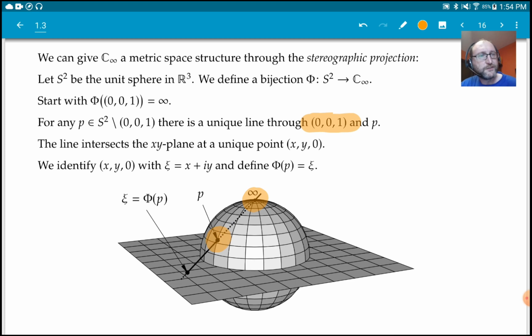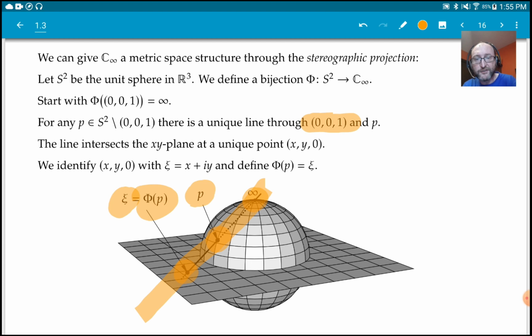Then we have a point on the sphere that's not the North Pole, and we draw this line, and it intersects the xy plane somewhere, and we identify that point with some complex number. This will give you a unique point here.